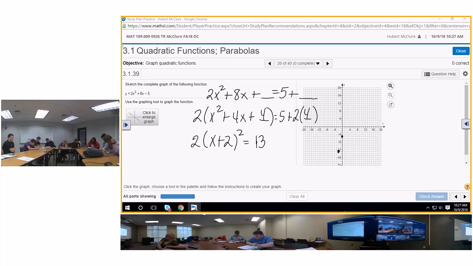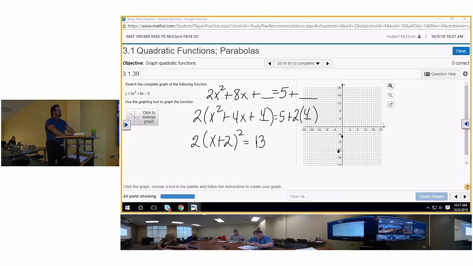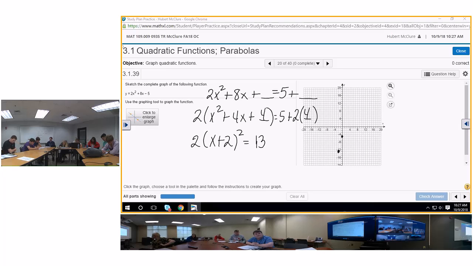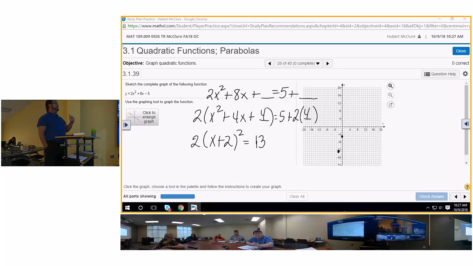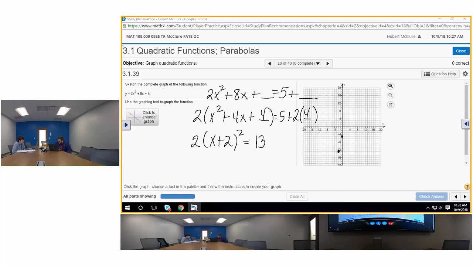Oconee Hall. Got 2 people on the Oconee campus. On a scale from 1 to 10 on being fluent in completing the square, what do you rate yourself? On the left side, what do you say? At this point, maybe like a 3. A 3.